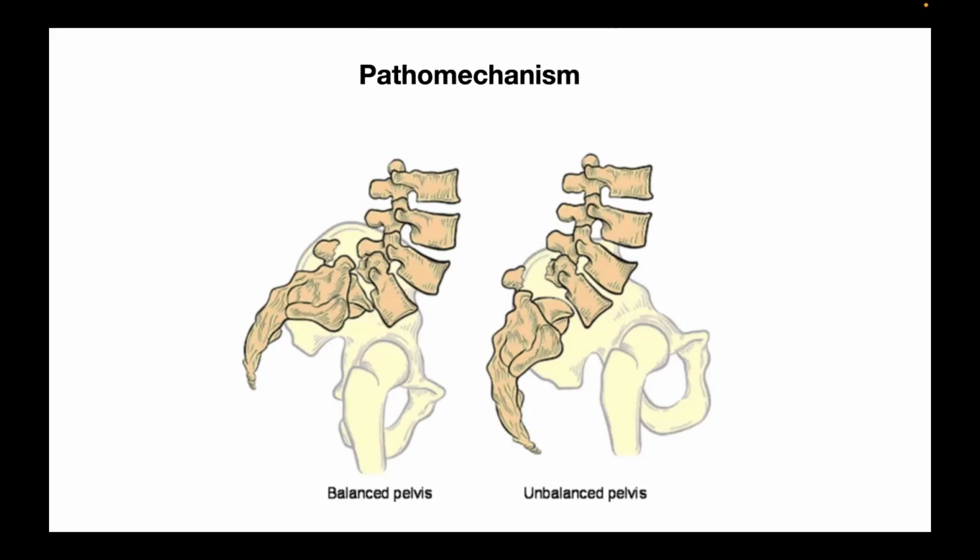Then it starts to tilt, and in this situation the pelvis usually is unbalanced, and it is also going for compensatory mechanisms. In this position, there will be a tightening of hamstring muscles, and there will be a flexed hip and flexed knee gait, which is usually seen in the Phalen-Dixon sign.